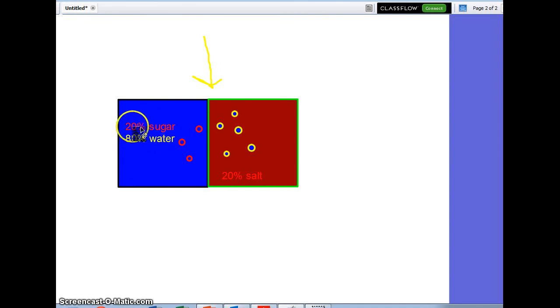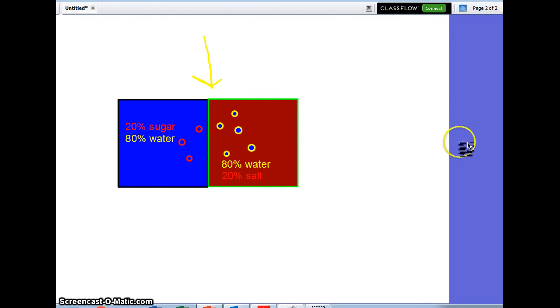So if this left side is 20% sugar, the other 80% is water. And the same is true over here. If this side is 20% salt, the other 80% is water. Therefore, if the solutes are stuck where they are, the concentration of water on each side of this membrane is the same.